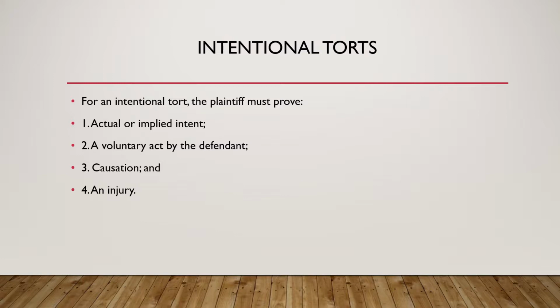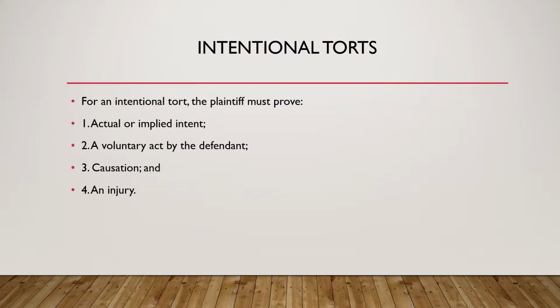Well, as Samantha is getting up, Samantha then trips and falls back down and lands on her arm and breaks her arm. Well, there was an actual intent there to harm Samantha because he intended to throw the ball at her. That was a voluntary act. He decided to do it, and then there's an injury, the broken arm.